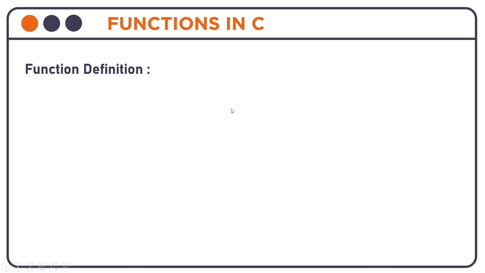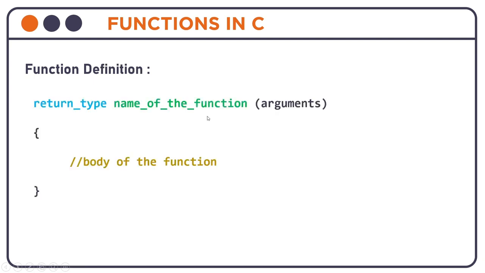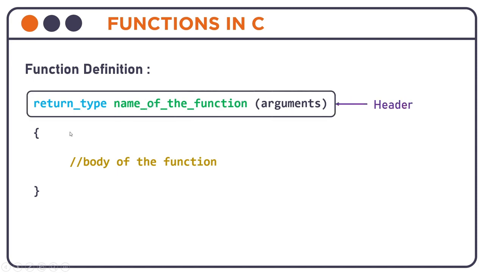Next we have to define a function. Defining a function means expressing what this function does, or creating all the statements. It is the same as the declaration: we specify the return type, then the name of the function, then the arguments in the header of the function. Then we open curly braces, and inside of them we define the body of the function and its statements.